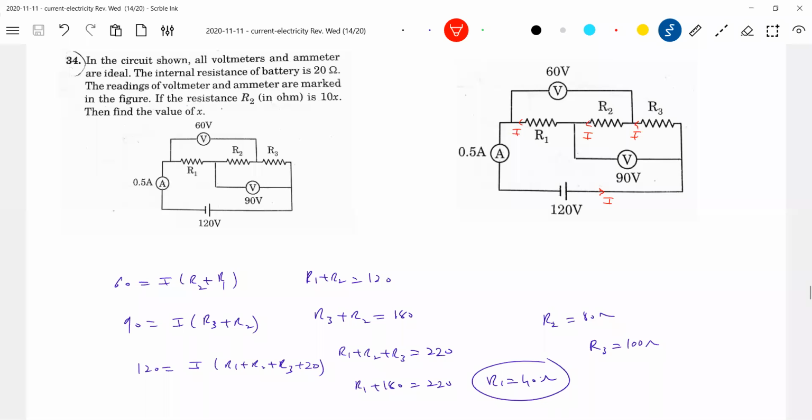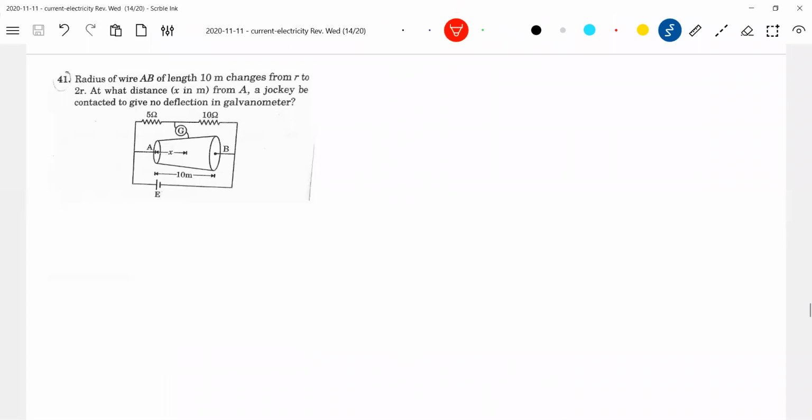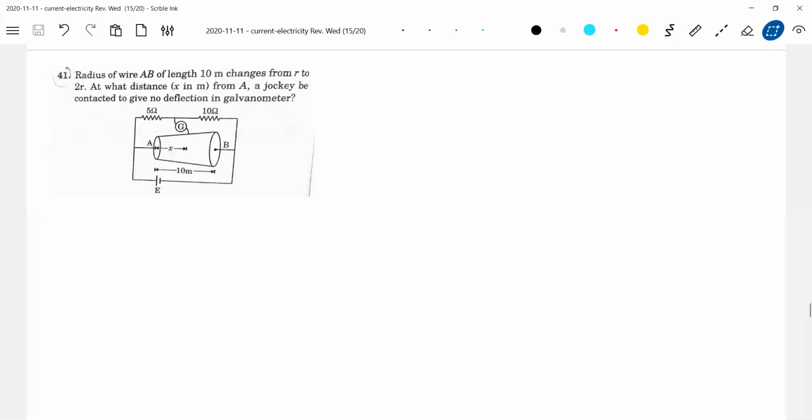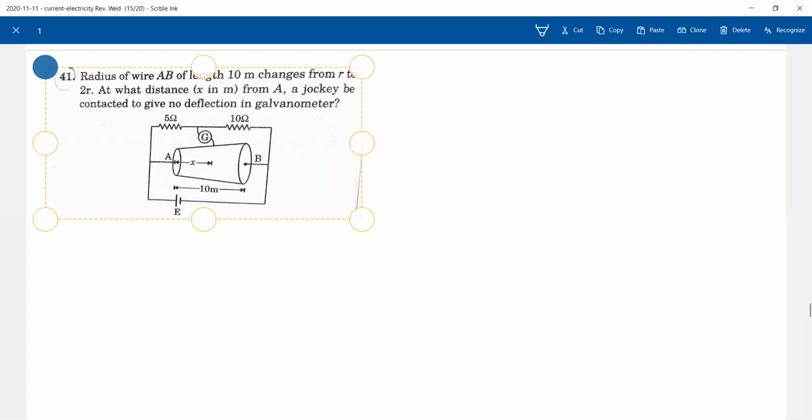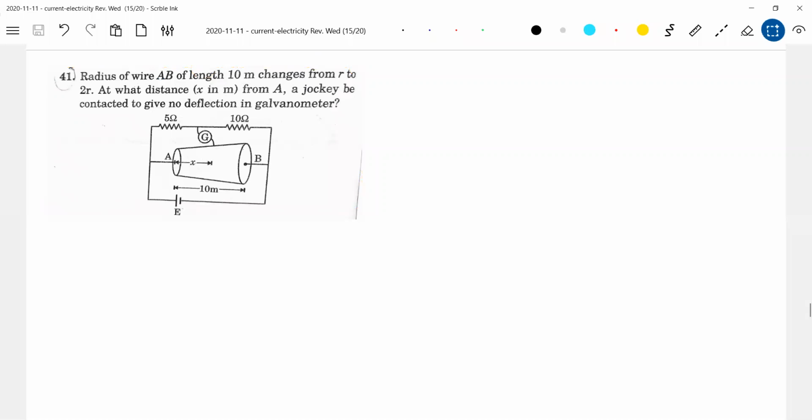Loop analysis, and you should not do even the branch method also. It's a very good logical question. It all depends on the way you revise and recollect things. The question is based on that one.